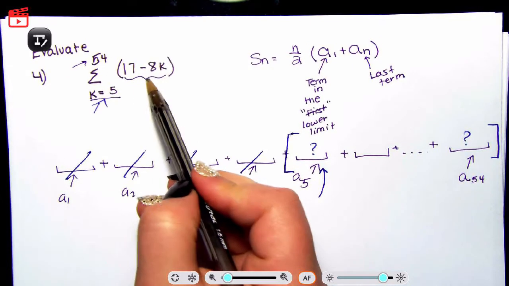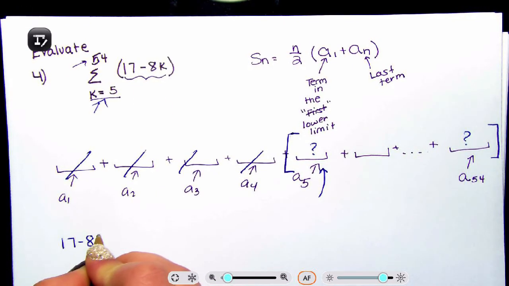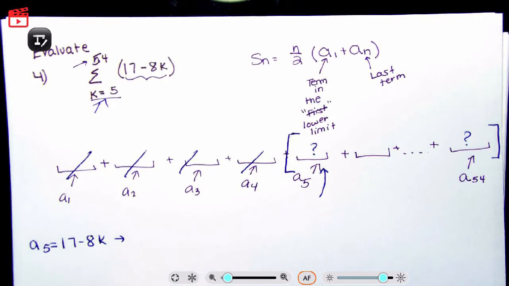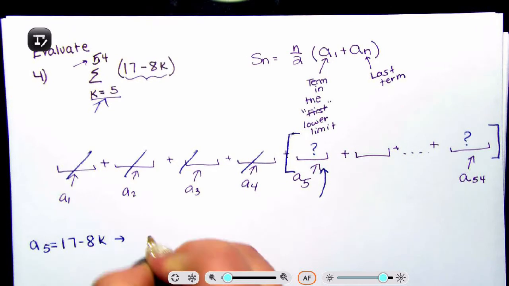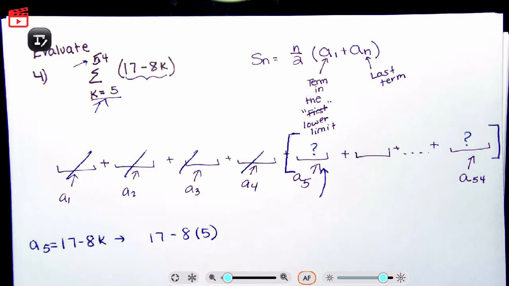Take the equation that they give you, your 17 minus 8k. You're going to plug in 5 for k, solve it, and then you're going to plug in 54 for k and solve it. So I have 17 minus 8 times 5, and I have 17 minus 8 times 54. See what those values are with our calculator.